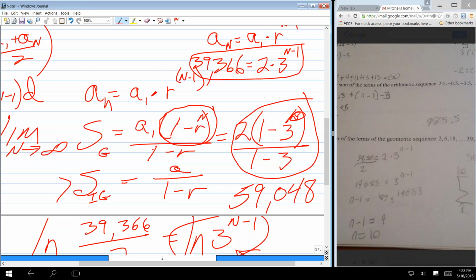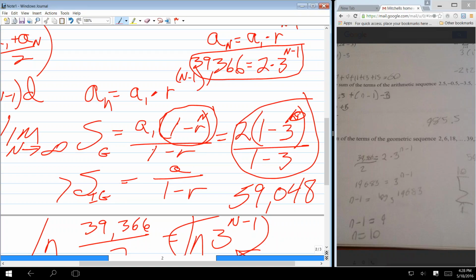Yeah, that would actually be harder to figure out, huh? If it was an alternating series and it went positive, negative, you wouldn't know whether to expect a positive number or a negative number as your sum. But both of these problems required both formulas, for the arithmetic and the geometric.